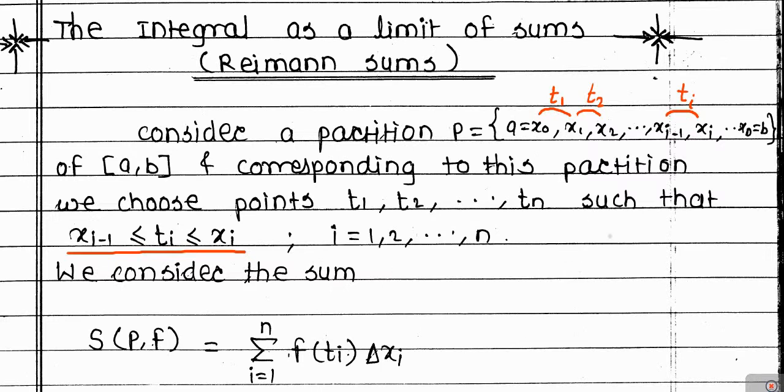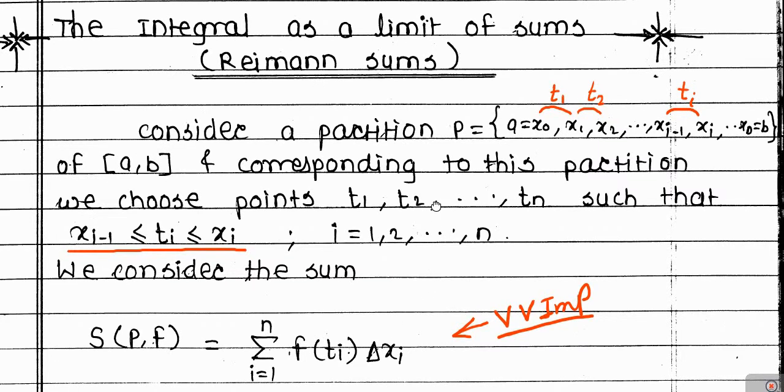This is a very important definition. So we consider the sum S(P, f), which is equal to the summation over i equal to 1 to n of f of ti into delta xi.